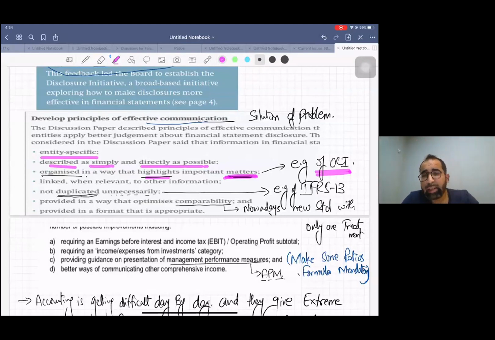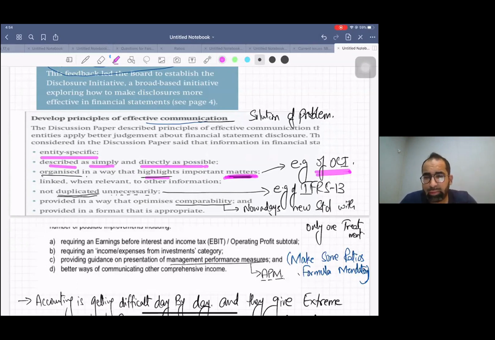But then the accounting standards board realized that the majority of shareholders read the page of the income statement. So what they did, they fixed the OCI with the income statement, so that whoever comes to see the income statement will also see the OCI, right? So the placement also matters a lot. Similarly, it is the mandatory requirement. You all know this.